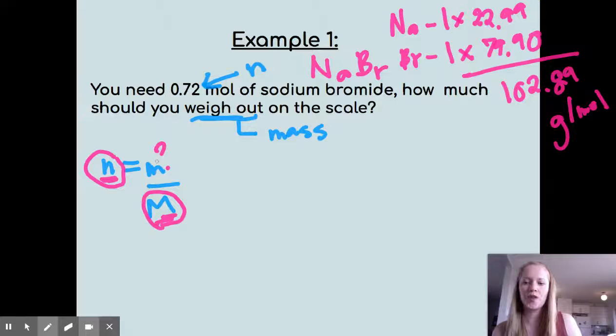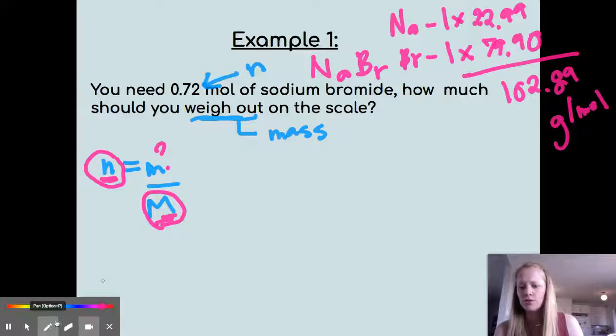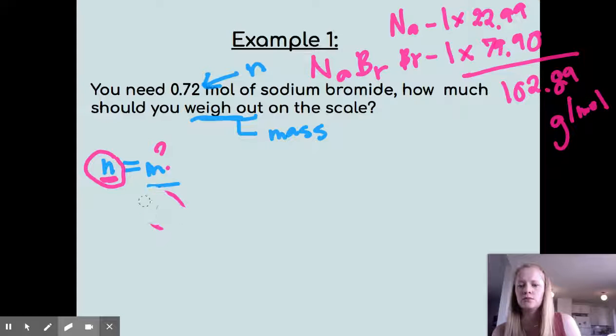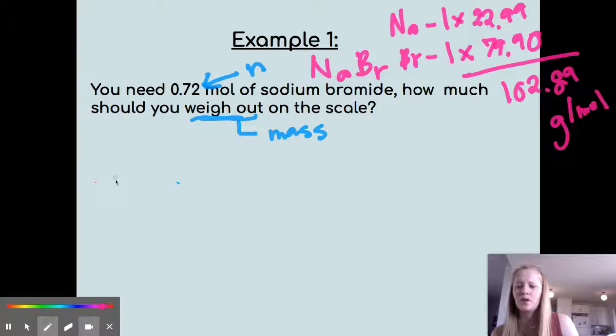I'm going to do my preferred just because I like the algebra. I'm just going to erase this so it gets a little neater. All right, now we're good.